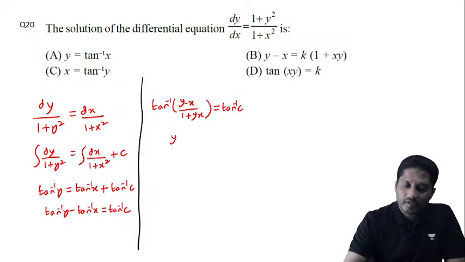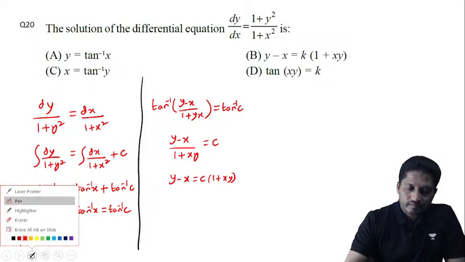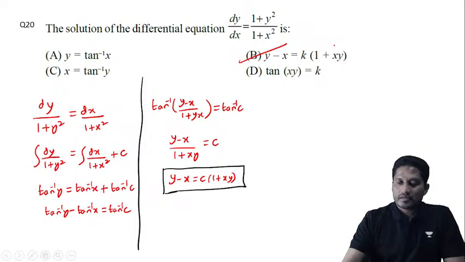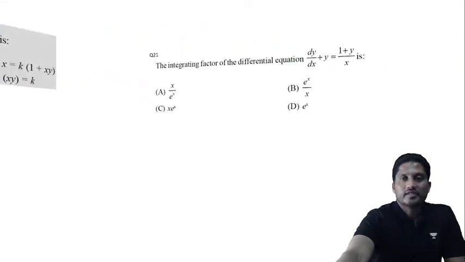Now if I equate, y minus x by 1 plus yx, that is xy, is equal to c. Cross multiply, y minus x is equal to c into 1 plus xy. Right, answer is option B. Alright, let's move to the next question.